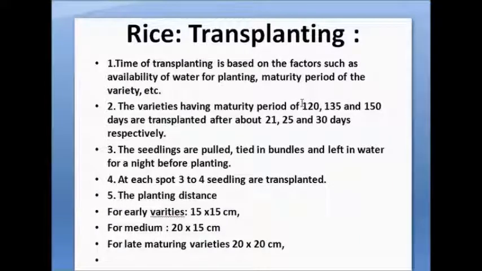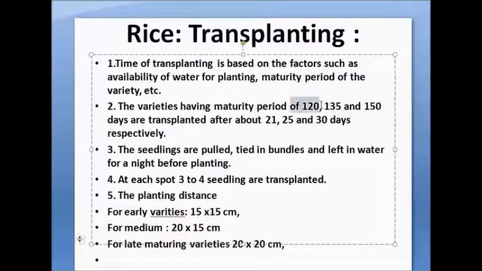If the rice variety has a duration of 120 days, then seedlings are transplanted 21 days after sowing. Here you can see, if the variety is of 135 days, then transplanting is done after 25 days.